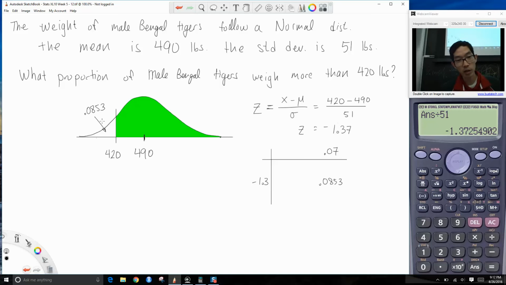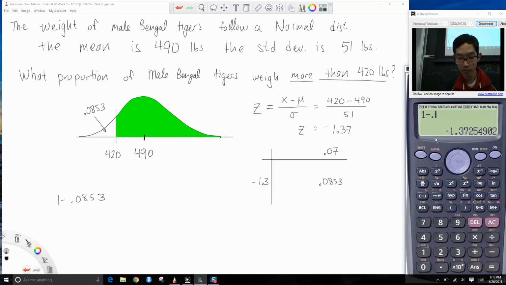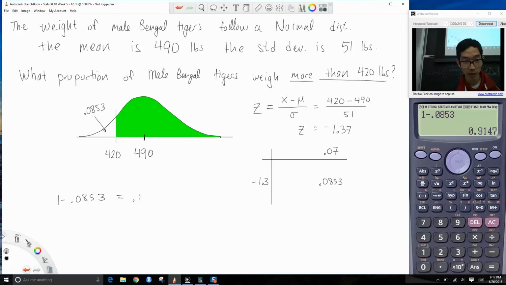We don't want this part to the left. We want the part to the right, because it says we want the area that says more than 420 pounds, okay? So we're going to do 1 minus 0.0853. That's right, okay. So we get 0.9147.